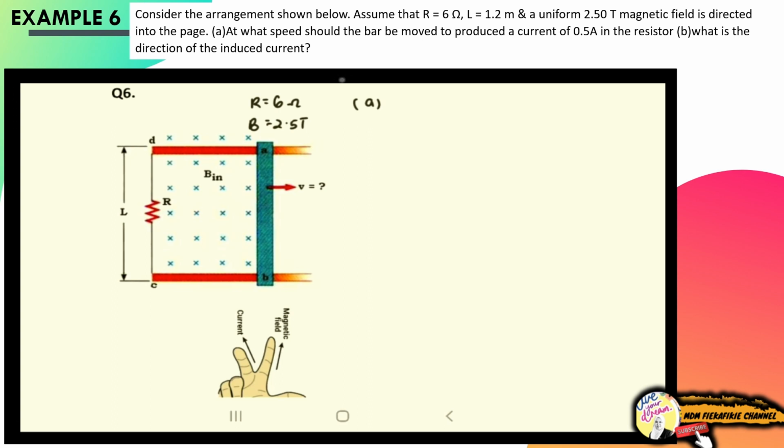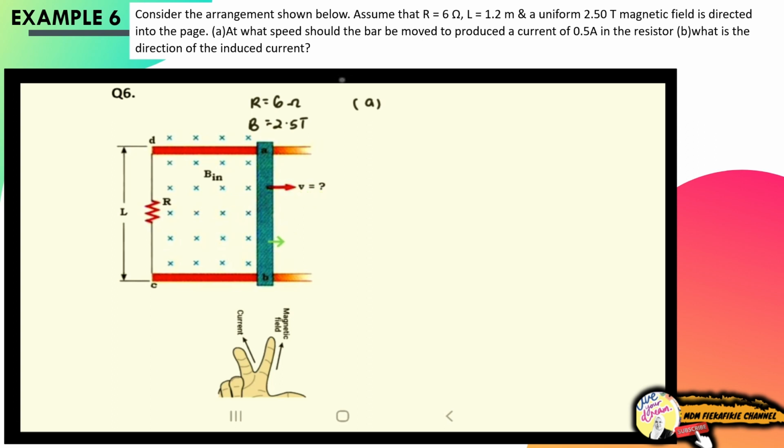Alright, so if you look at here, this bar from A to B, the resistance R is 6 ohm. Alright, and the bar will move to the right. Here we have the magnetic field which is into the page. So when the conductor is moved to the right, what happened?